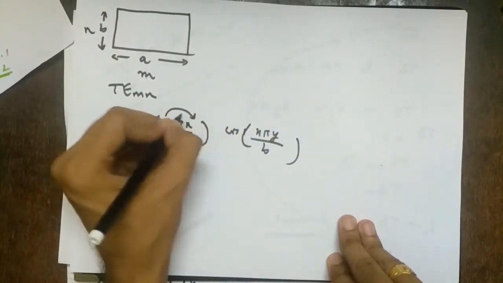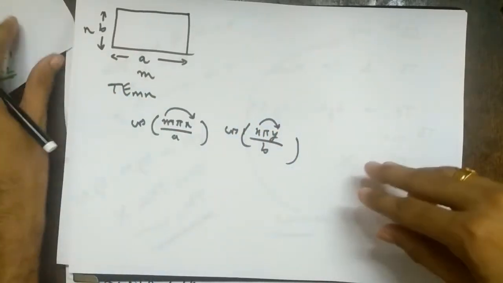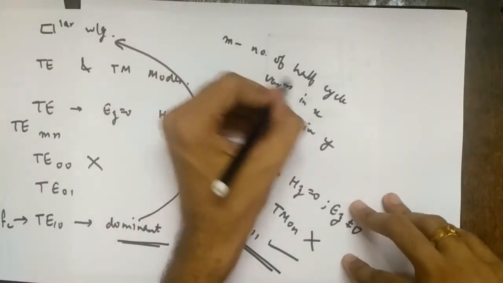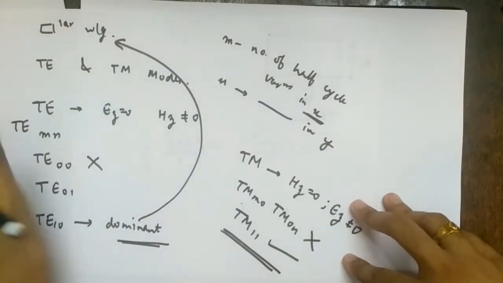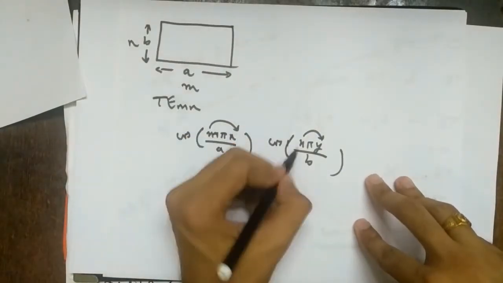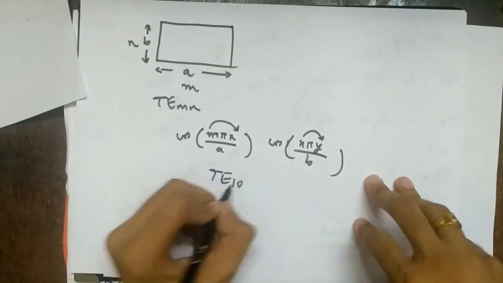So m is associated with x, n is associated with y. In any case, I have mentioned here, m is the number of half cycle variations in the x direction. So m corresponds to x, right? And n corresponds to y, right? So this is the reason we are taking this way. So let's see first for TE10. So let me take a fresh page.